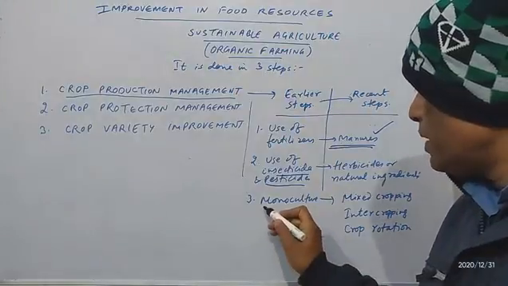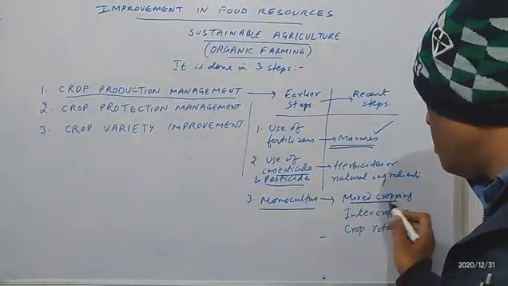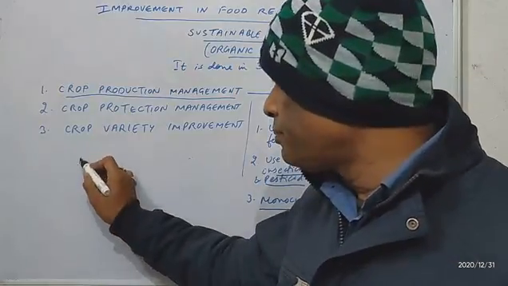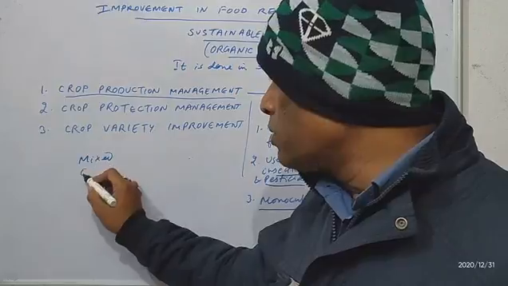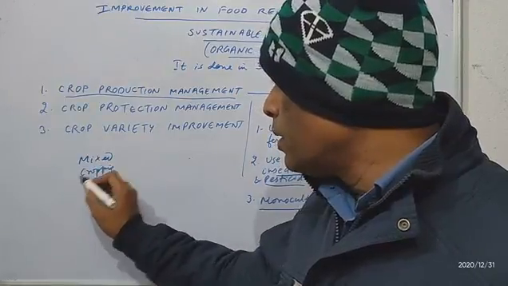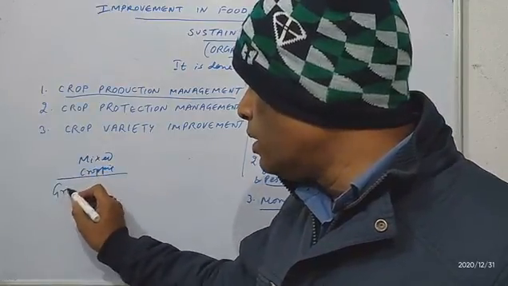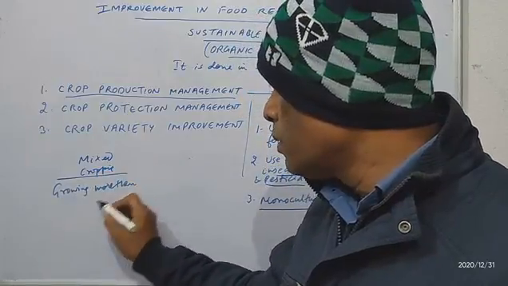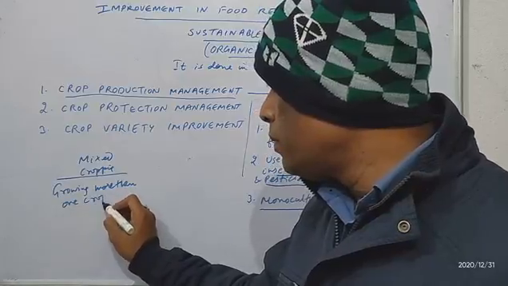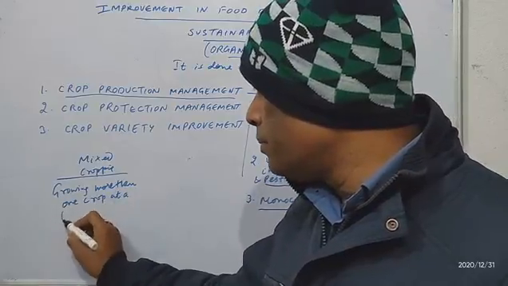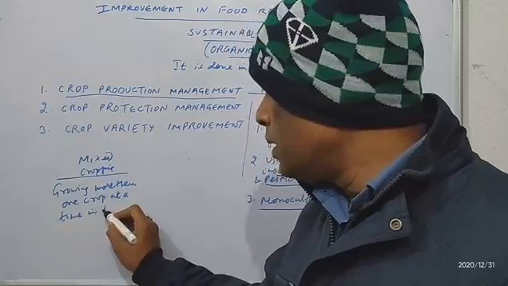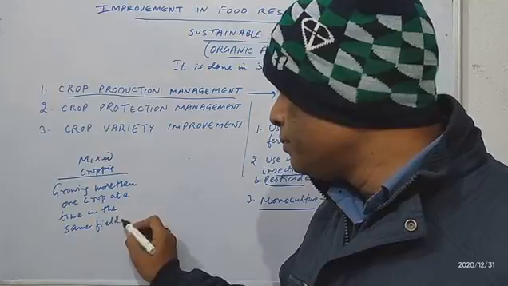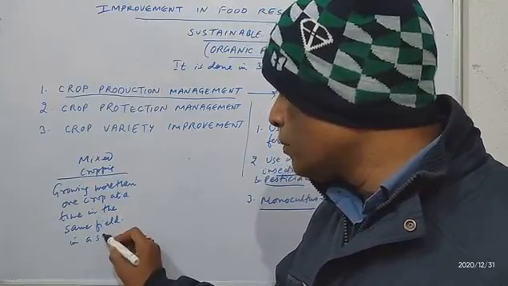The major factor is monoculture, which is replaced by mixed cropping, intercropping, and crop rotation. What is mixed cropping? Mixed cropping is the growing or culturing of more than one crop at a time in the same field in a season.